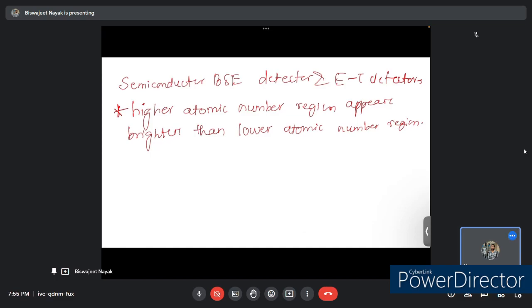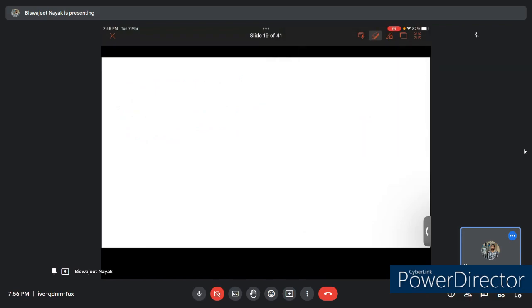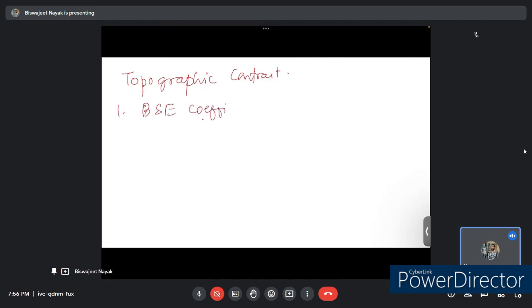So like atomic contrast, for interpreting the specimen topography, the backscattered electron coefficient shows strong dependence on the surface inclination, and because of this we get different contrast on the surface.